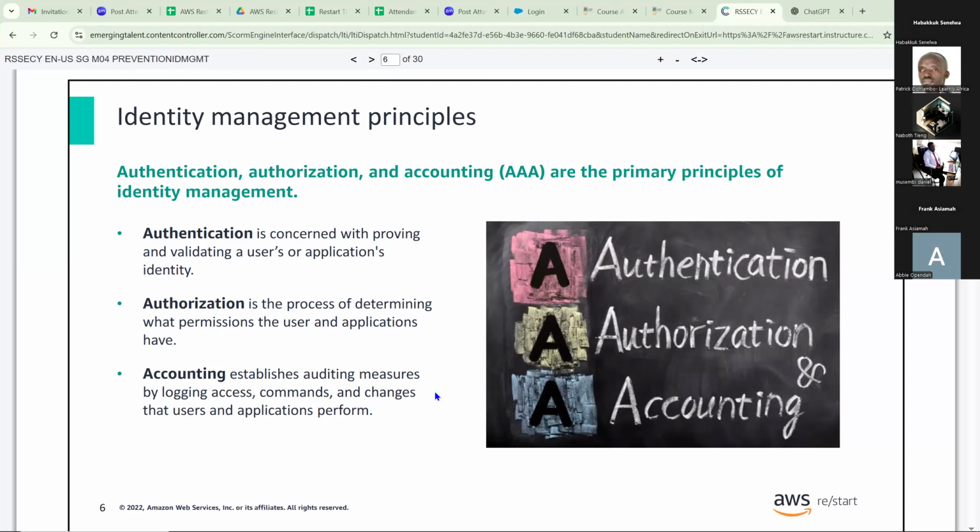Authentication is concerned with proving the validity of a user or application's identity. The example I gave was Musembi being a user in a system, and also an EC2 instance being given a role to play. You will understand what we mean by roles when we get to IAM.